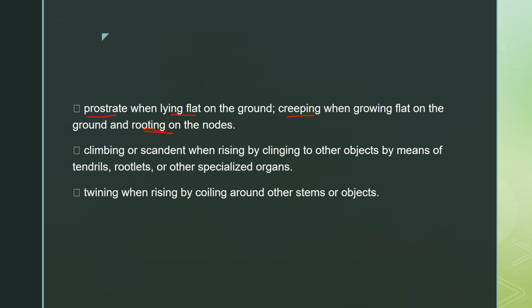So it's laying flat on the ground. When it's laying flat on the ground, we can say it's a prostrate stem. And if there are roots at the nodes, we can say it's creeping.